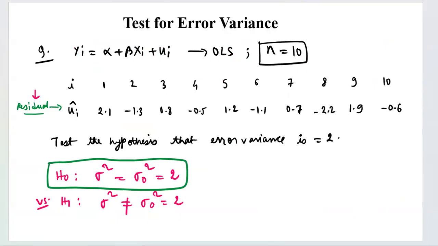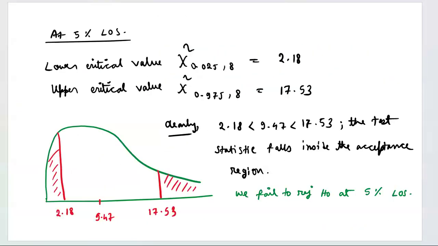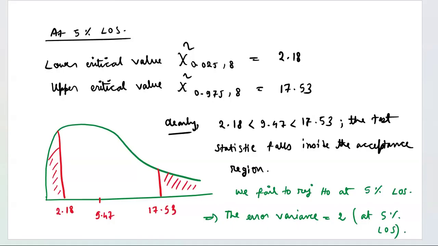Fail to reject means we accept this null hypothesis, which means that the error variance is exactly equals to 2 at 5% level of significance, right?